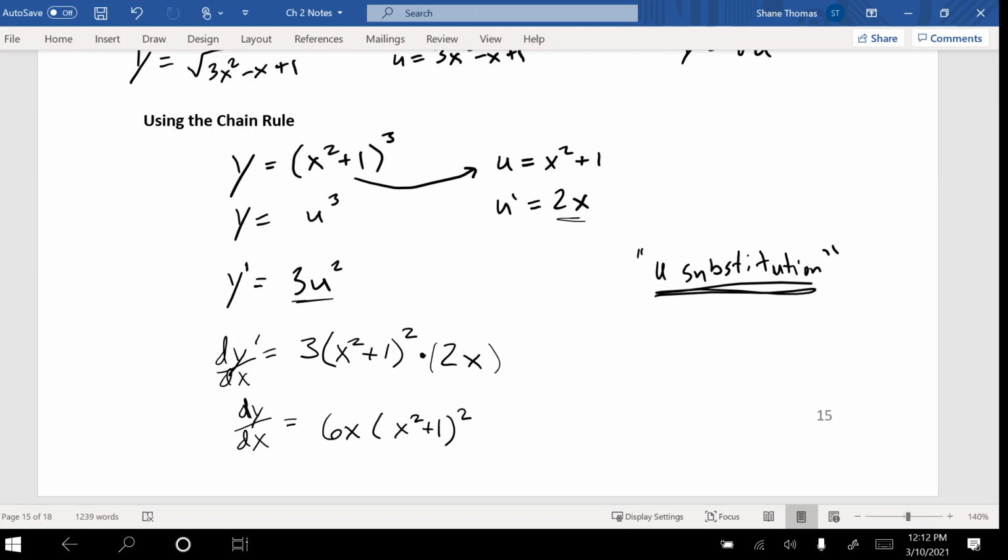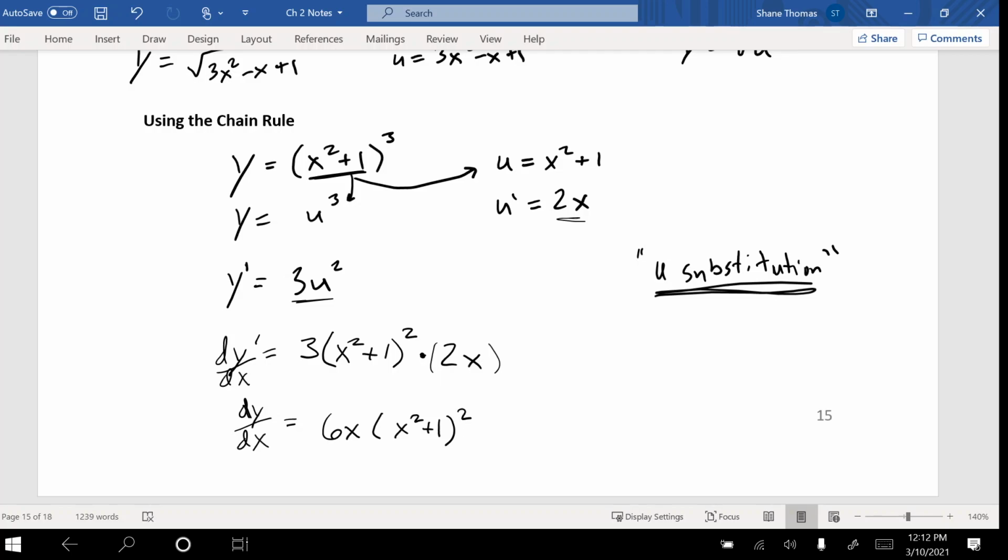This is honestly going to be one that takes practice. But again, I just found the ugly part, rewrote it as a power. Yeah, it is definitely a little more abstract.